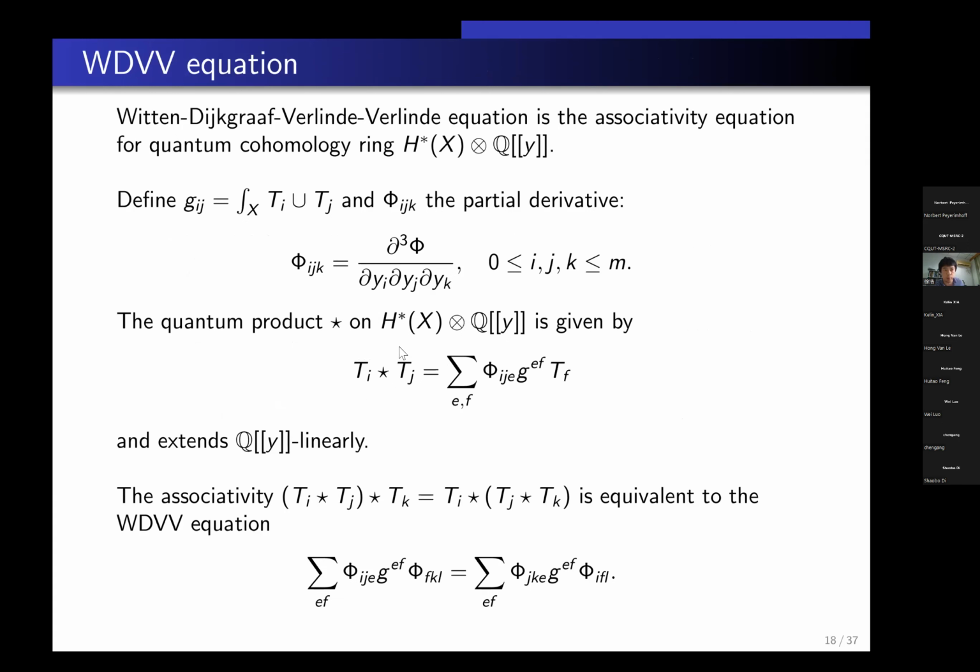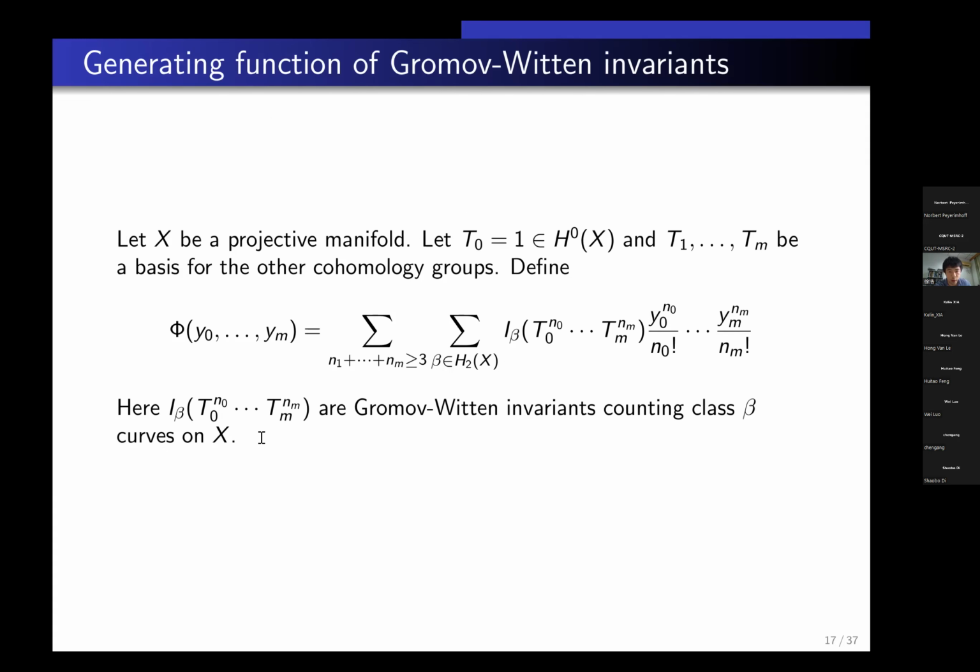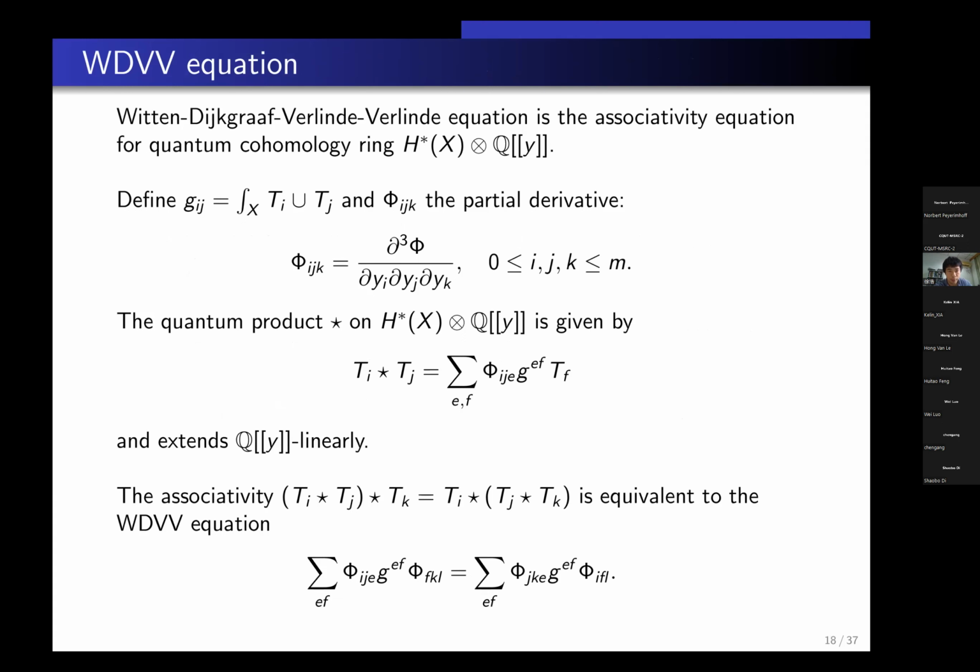The WDVV equation in this case says that the Gromov-Witten generating function, if I take its third derivative, satisfies this equation.